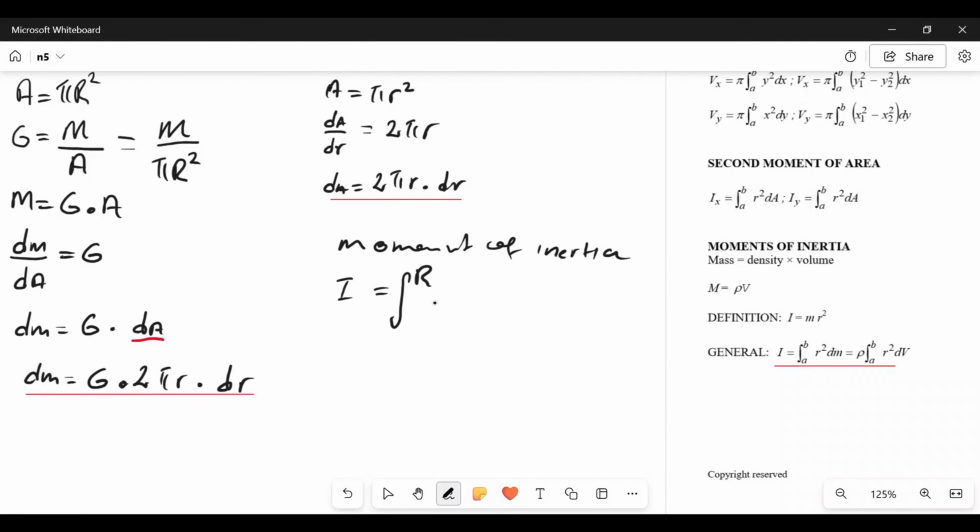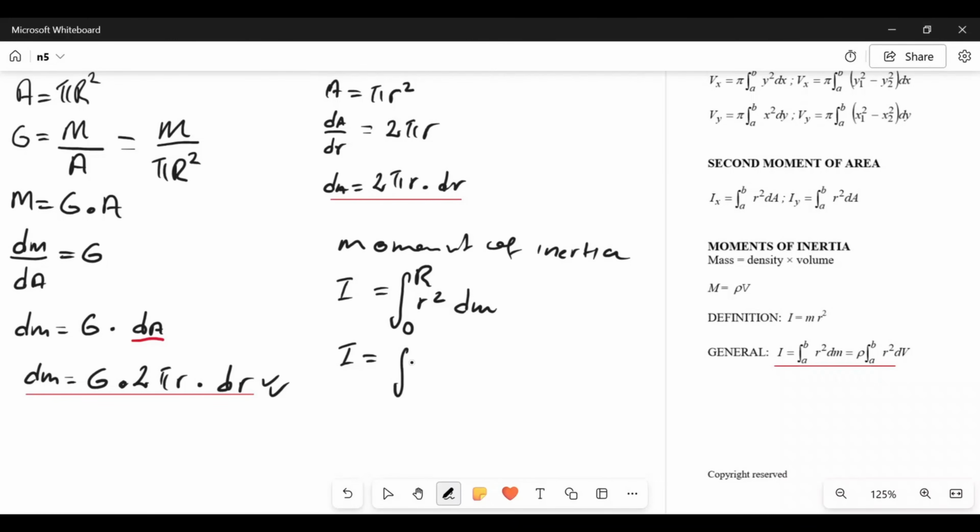So we have to include big R there and 0. If you still remember, for the whole disk, the radius is going to be from the center to the edge of the disk. That's why we use big R there. And then it's r squared multiplied by dm. But if you still remember, dm is this here, so we can substitute dm there.